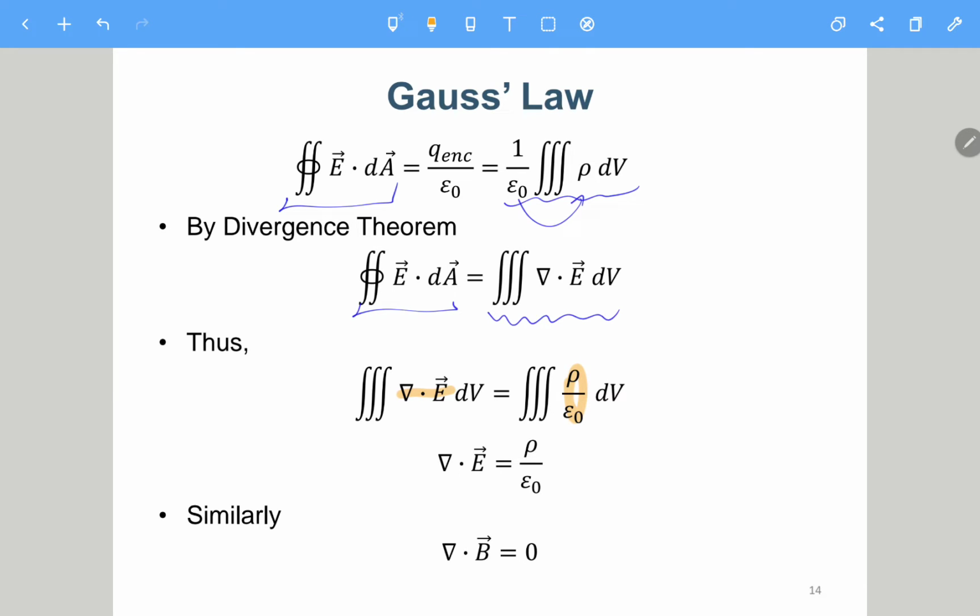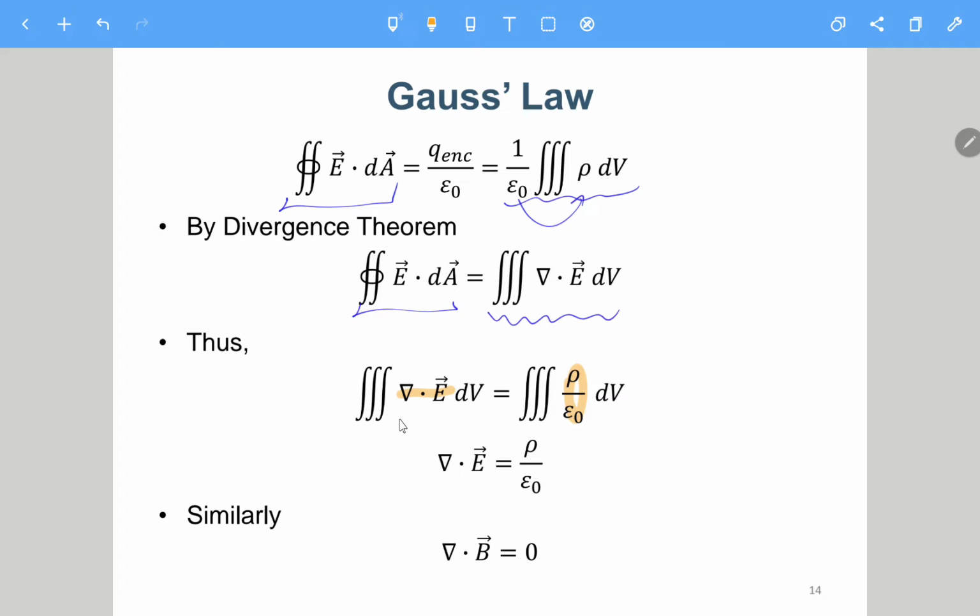Although originally we cannot really say the integrands are equal, it will be true for an arbitrary Gaussian surface we have chosen.